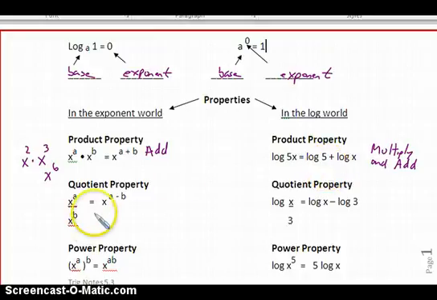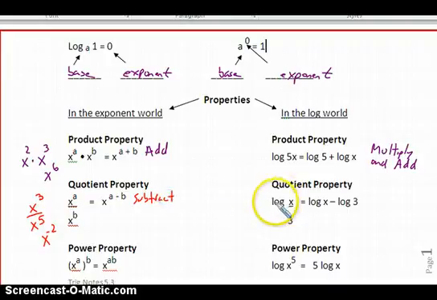If we think about the quotient property, if you have x raised to a power and you're dividing it by x raised to a different power, so x to the third over maybe x to the fifth, we would subtract the exponents. We would get x to the negative 2 when we did this.